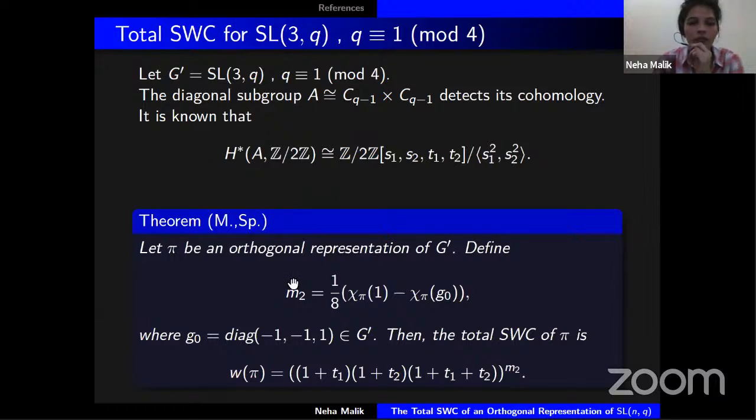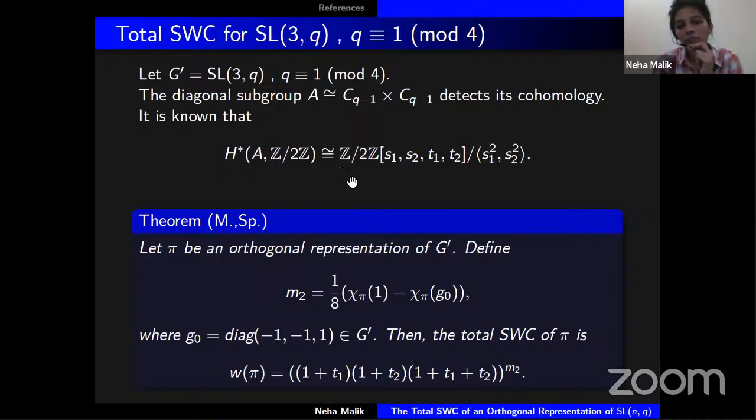For this result we have made use of some of the work due to Rohit Joshi and Jyotirmay Ganguly, which said that in the total Stiefel-Whitney classes of pi, this S1 and S2 don't appear.